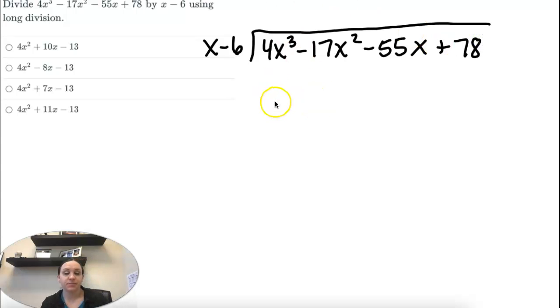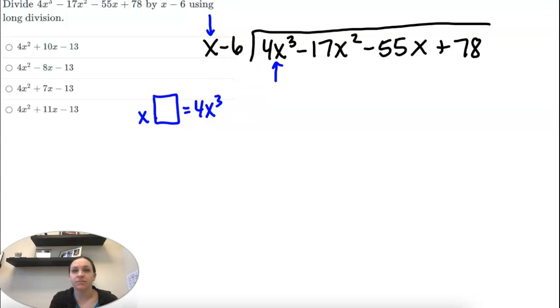All right. So when we do long division, we're looking at the first term here and the first term here. So we want to times x by something to get 4x cubed. So x times what is 4x cubed?